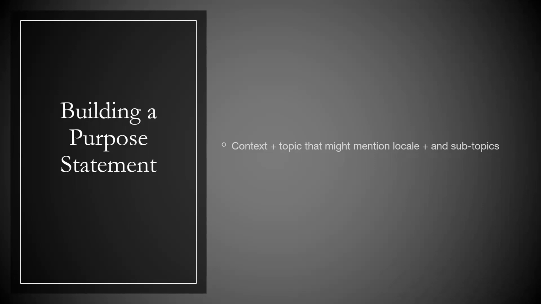What's your topic? What is it about? You might want to mention a locale, a location to help narrow your focus. You don't have to. And then you end with what are your 3 areas that you're describing for this larger umbrella topic? What are your subtopics?